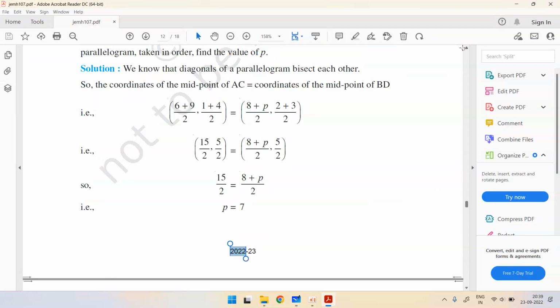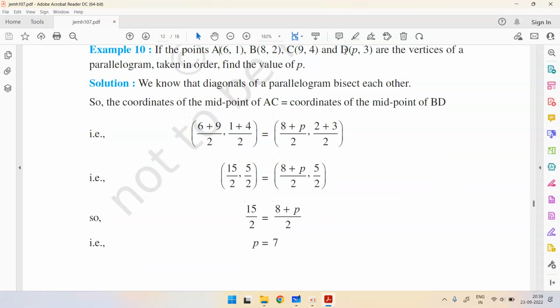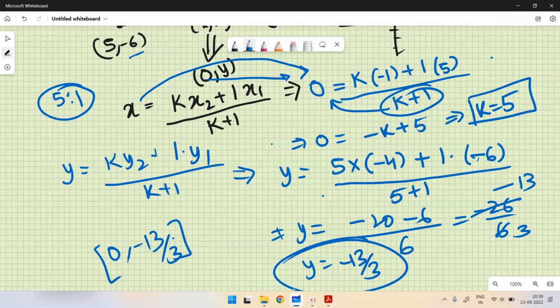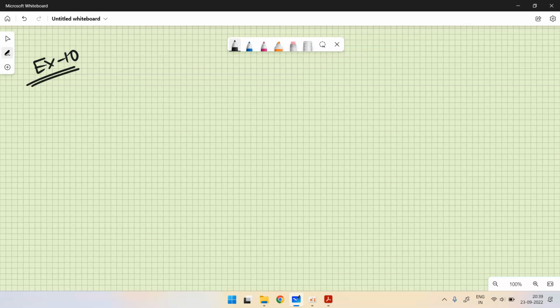The example 10 is: if these points are vertices of a parallelogram taken in order, find the value of P. So if you take this in the order, this is example number 10.